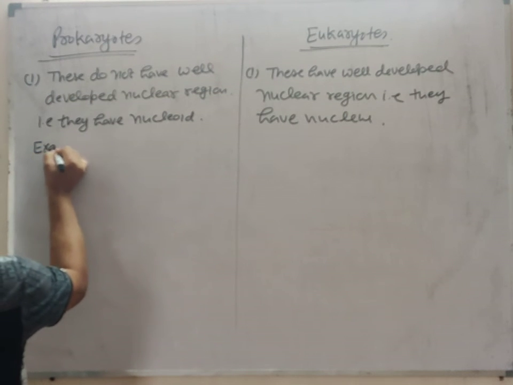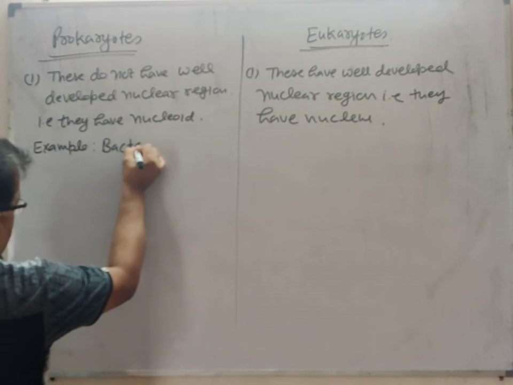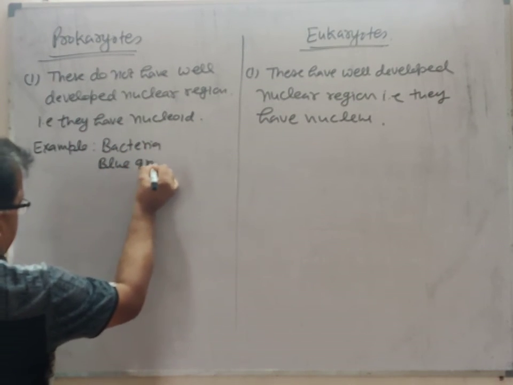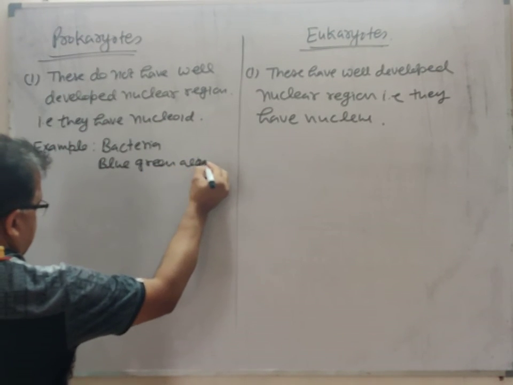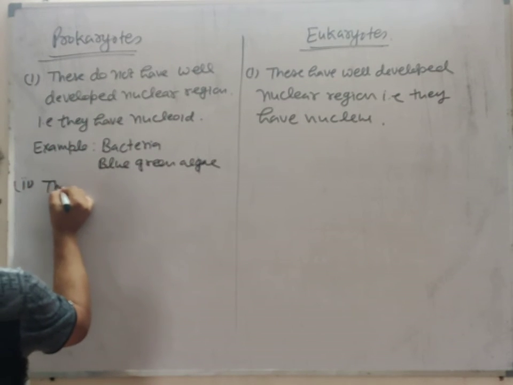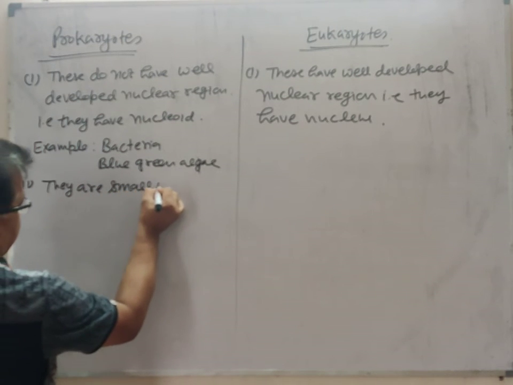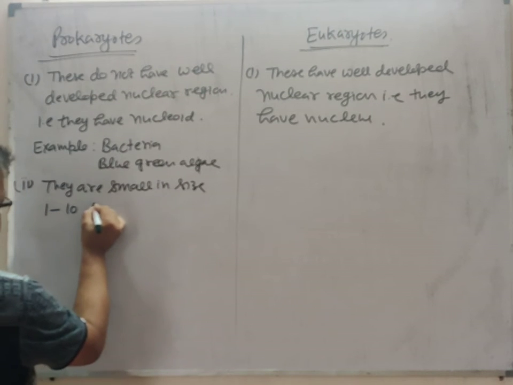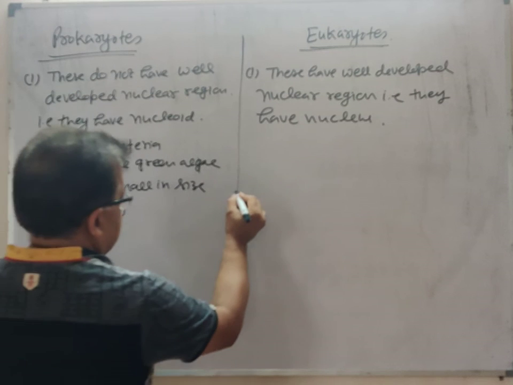For example, bacteria or blue green algae. They are small in size. Their size is from 1 to 10 micron or micrometer.